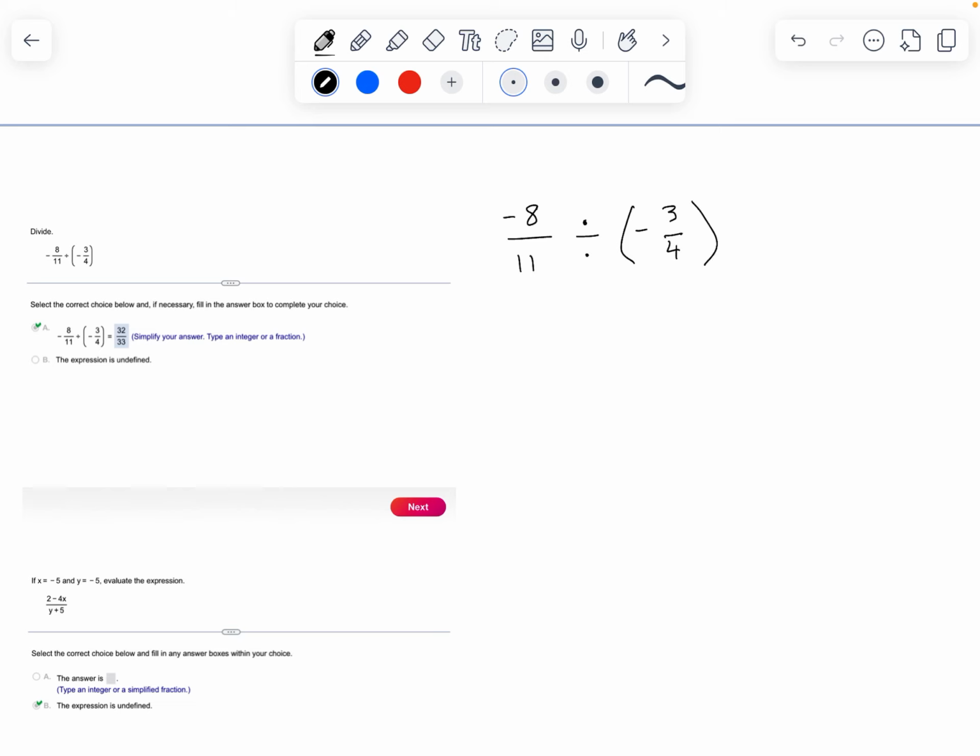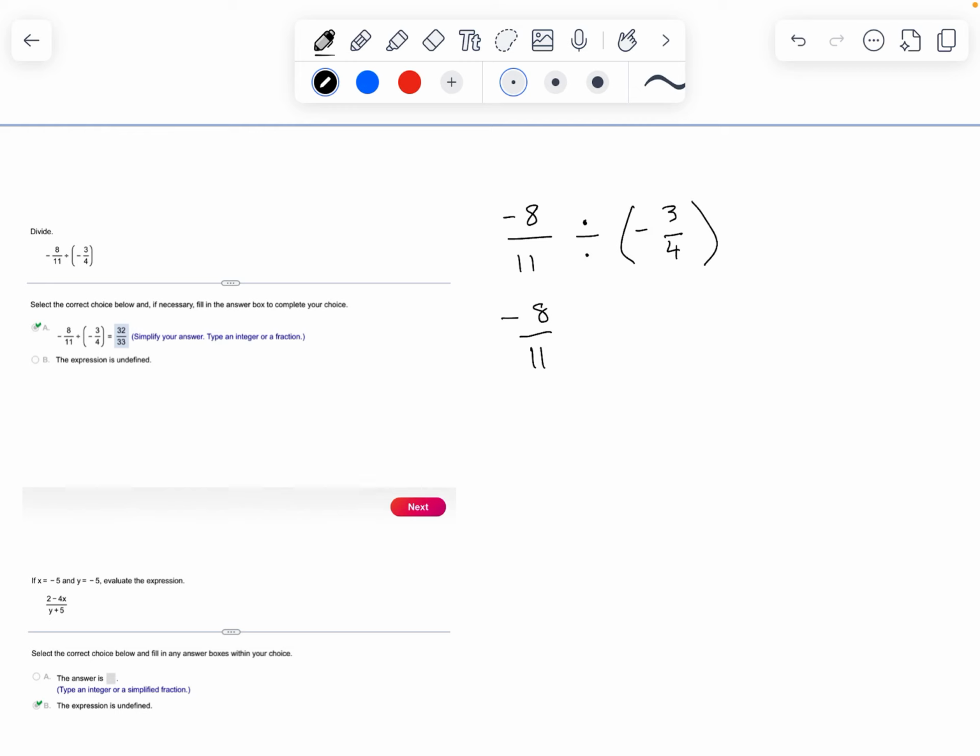So the trick here is when you're doing the division of fractions, you can change division of fractions into the multiplication of fractions. It's easier to multiply fractions than to divide fractions. So when you have to do the division of fractions, always find a way to convert it into the multiplication of fractions. So to convert that, we do negative 8 over 11.